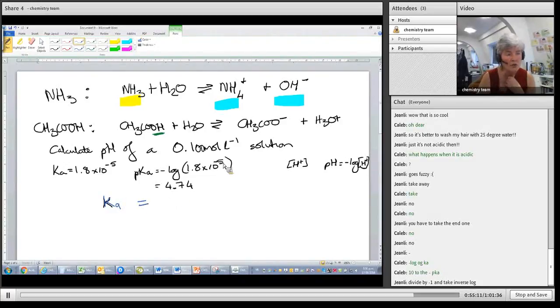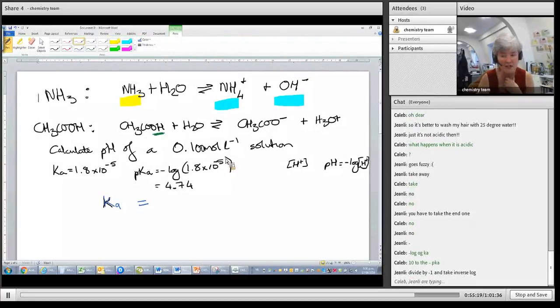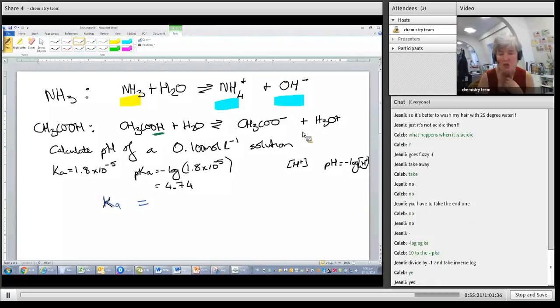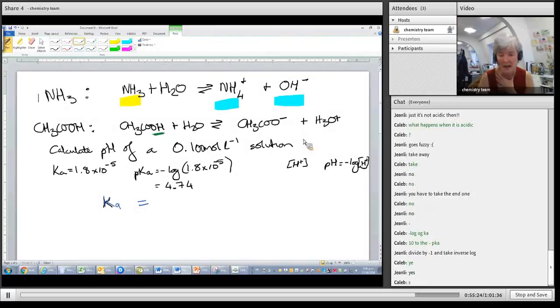Now, do I have H3O plus in my equation over here? Does that equation have H3O plus in it? Yep. So we can use a Ka expression for that. So very quickly, CH3COO minus times H3O plus divided by, now my reactants.